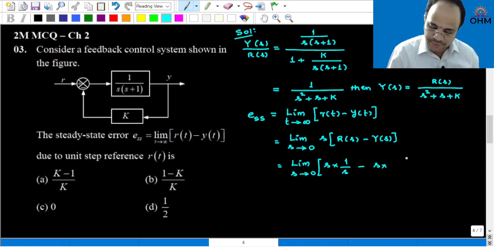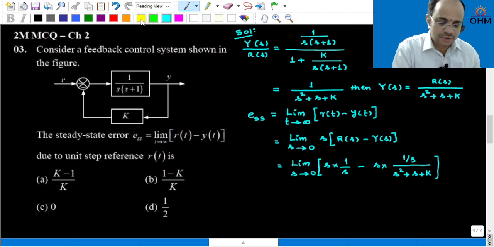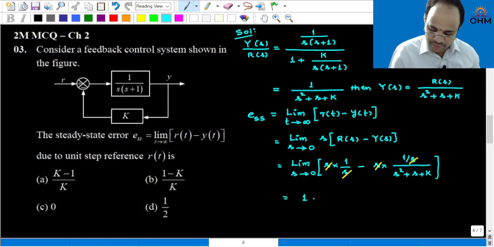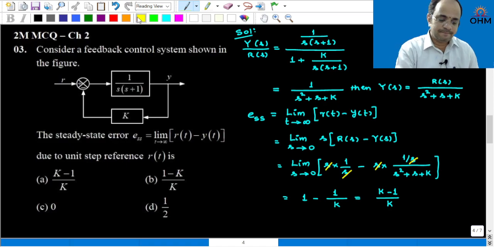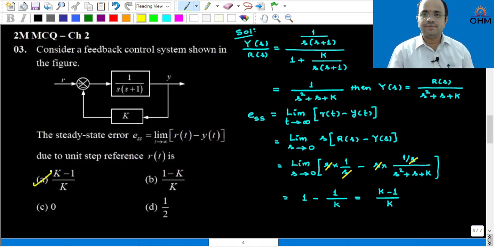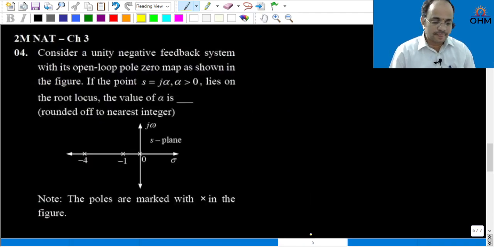Minus s into R of s is 1 by s divided by s square plus s plus k. So you can cancel this s here, then it will be remaining with 1 minus 1 by k, therefore k minus 1 divided by k. That is the answer for question 3, option A.